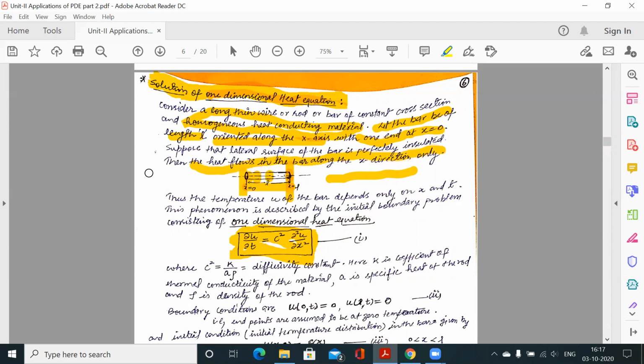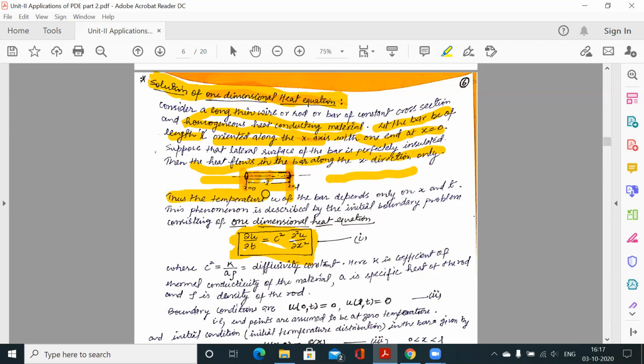Now the heat flows in the bar along the x direction only. Suppose the lateral surface of the bar, meaning the outer layer, is perfectly insulated, so that the heat flows in the bar along the x direction only. Suppose we are giving heat here, the heat transfers from here to this point, along the x axis.